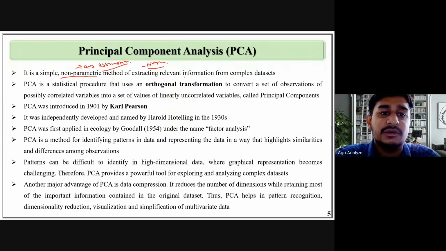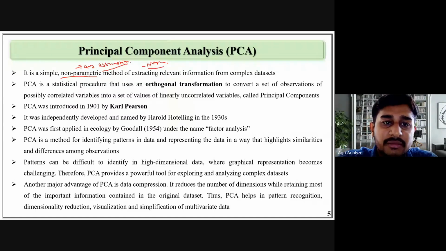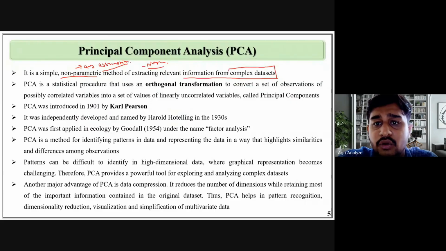It is a simple non-parametric method of extracting relevant information from a complex dataset. Why complex dataset? Because our data are correlated with each other. If correlation is there, this is a complex dataset, or we have high dimensional data.